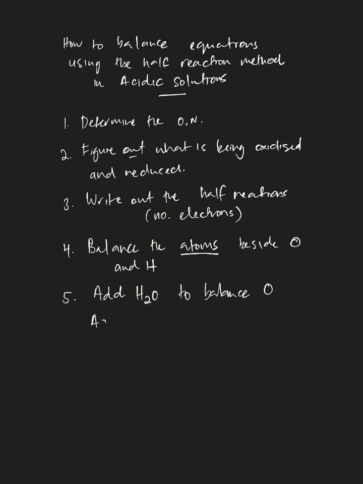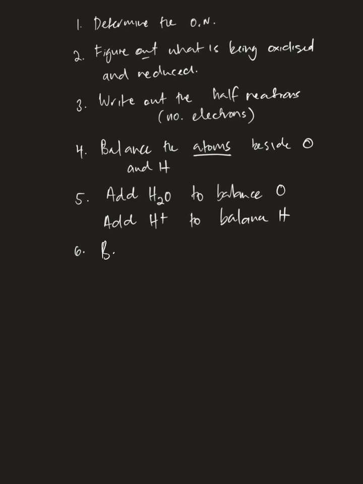And then I need to add H plus ions to balance the H, right? After that's done, I need to balance the charges. So we need to balance the charges, and how we do that is we add electrons, right?